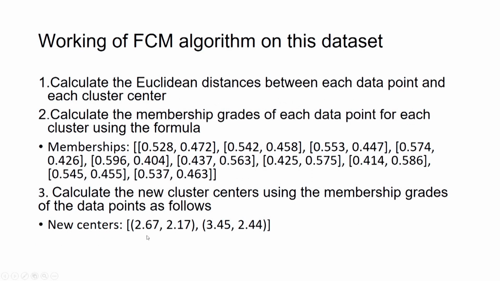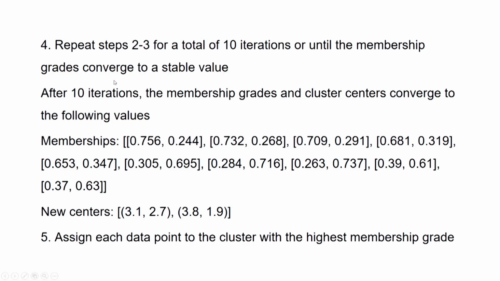When we put these values in that formula, suppose these are the new cluster centers we get. Then we will repeat these two steps for 10 iterations, because our termination criterion here is 10 iterations.